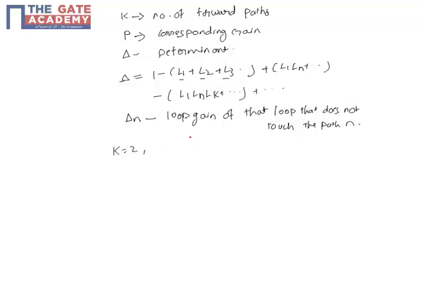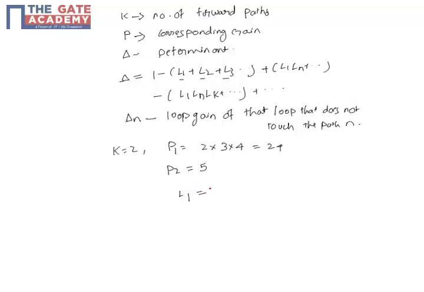Now the path gain of the first forward path P1 is, like I mentioned, 2 into 3 into 4, which is equal to 24. Similarly, the second path gain is equal to 5. Now we have to calculate L1, L2 and those things.